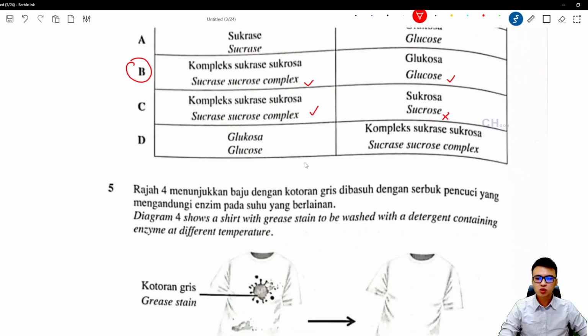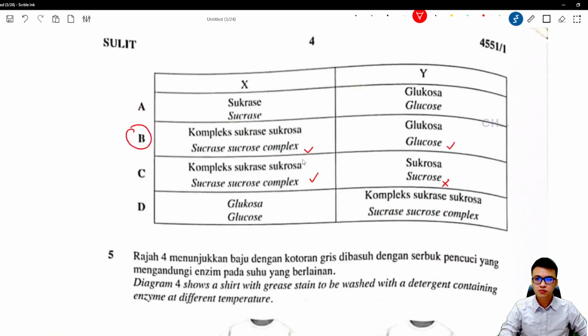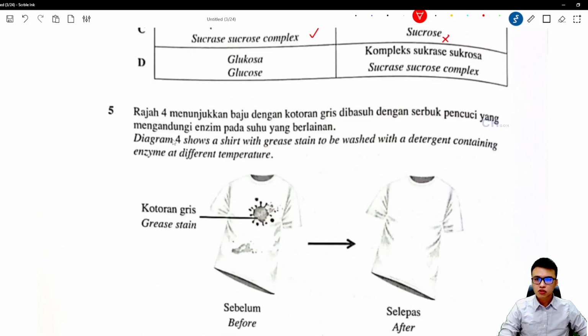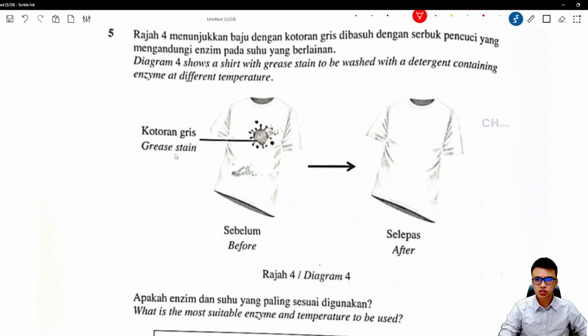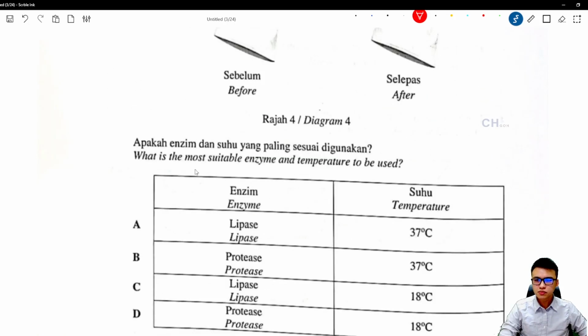Alright, so let's look at question 5 here. Diagram 4 shows a shirt with a grease stain to be washed with a detergent containing enzyme at different temperatures. What is the most suitable enzyme and temperature to be used?